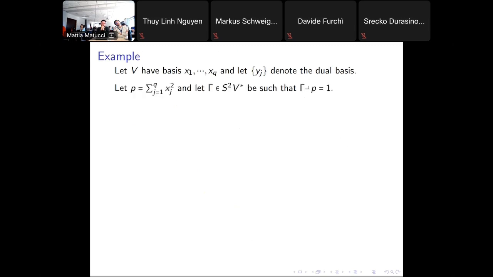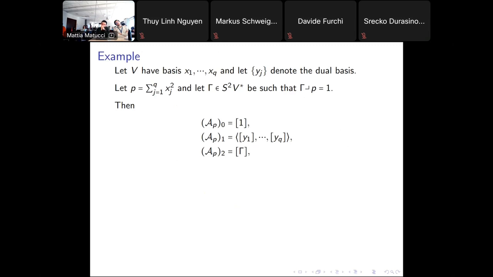All right. Let me quickly explain how to get the Coppersmith-Winograd tensor from this construction. I'm going to take a degree 2 homogeneous polynomial, a quadric, and take its apolar algebra.